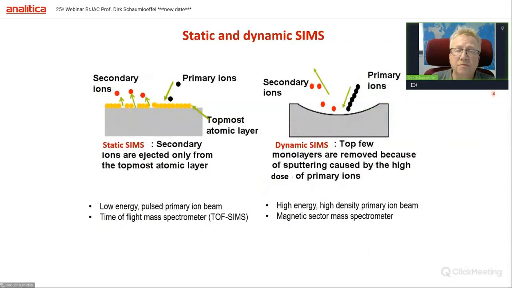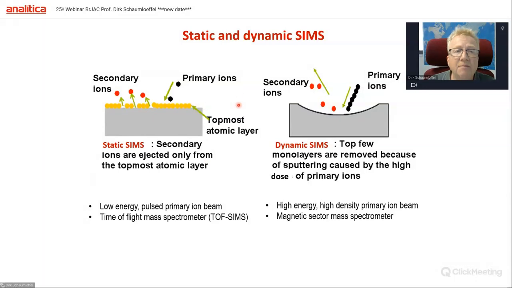So I also have to talk, because we have a little bit of time today in this webinar, about the difference between static and dynamic SIMS, because a SIMS is not always SIMS. There are two principal different techniques, static and dynamic SIMS. Static SIMS means that we have primary ions, usually with a lower energy, a pulsed primary ion beam, and the secondary ions are only ejected from the topmost atomic layer.